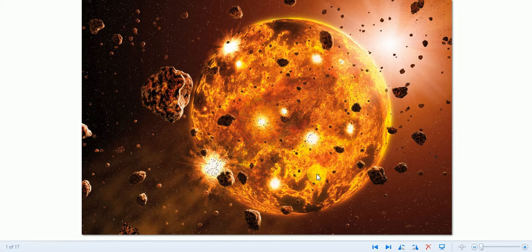The heat generated at the time of the origin of the earth has been retained inside the earth interior, and that heat is known as residual heat. Because of this heat, it is sometimes said that convection currents are generated.